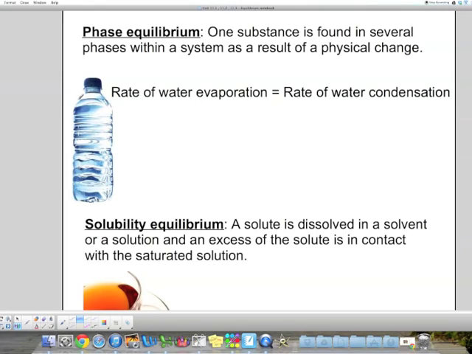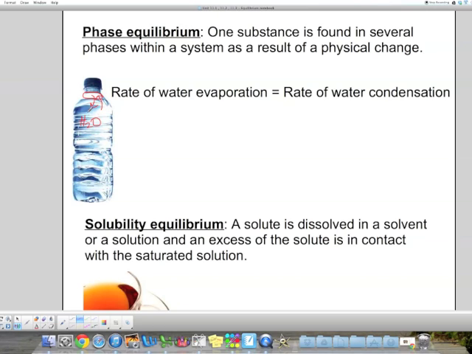If you look at the water bottle over here, there is a section at the top that is filled with air, and there's the water over here. Now, because the water bottle is sealed, it looks as if nothing is happening, when actually the gas particles here are condensing, so they are becoming liquid and going into the liquid part here, and some of these liquid particles are evaporating, and those two changes are happening at the same speed, at the same rate.